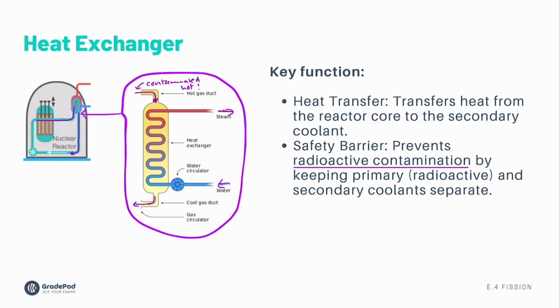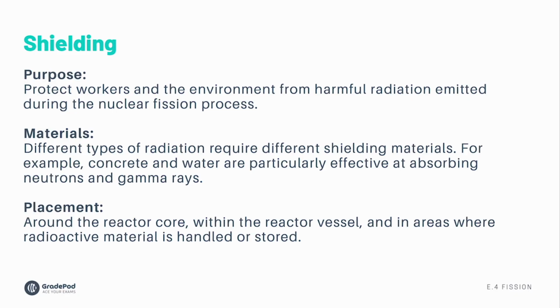The final part of this nuclear reactor we want to talk about is keeping it safe. The shielding. The purpose of the shielding is to protect the workers and the environment from harmful radiation emitted during the nuclear fission process. We shield that nuclear reactor with different types of material depending on what we need to be saved from. So if we need to be saved from neutrons, then we'd use water for that.